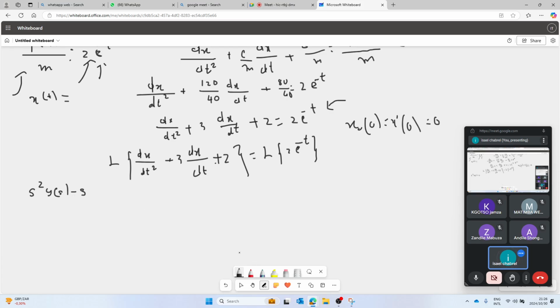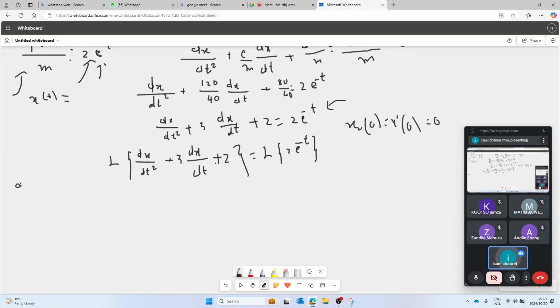It's not y of s. It's supposed to be x because we are dealing with the x coordinate. So please let me erase and write. If you don't understand something, please tell me.